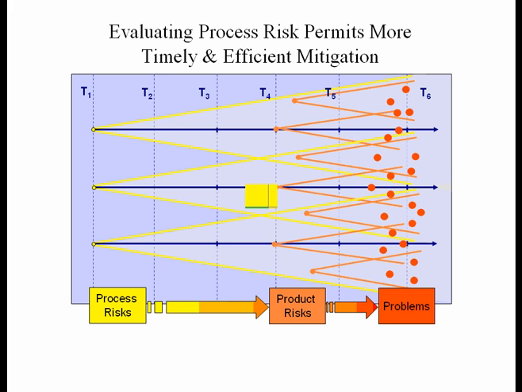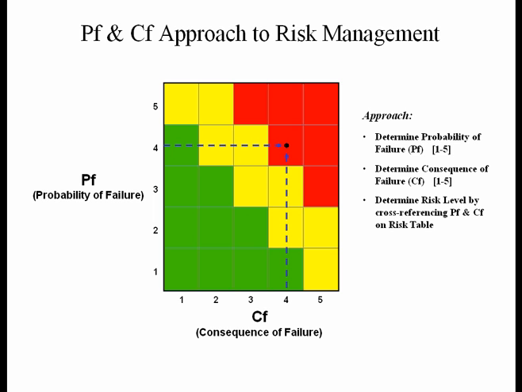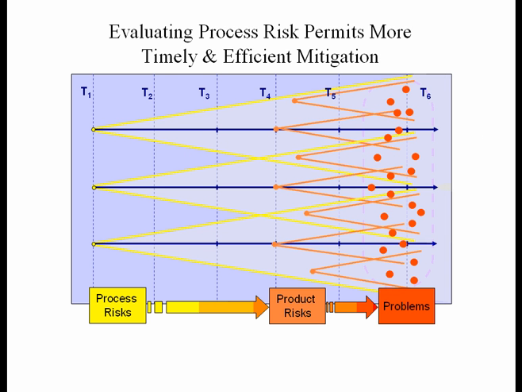Most risk management techniques use a PF and CF approach, identifying the probability of a failure and the specific consequence of that failure. That works just fine when you're looking at these, but it doesn't work as well when you're looking at process risks, because there isn't just one specific effect for any given process failure.